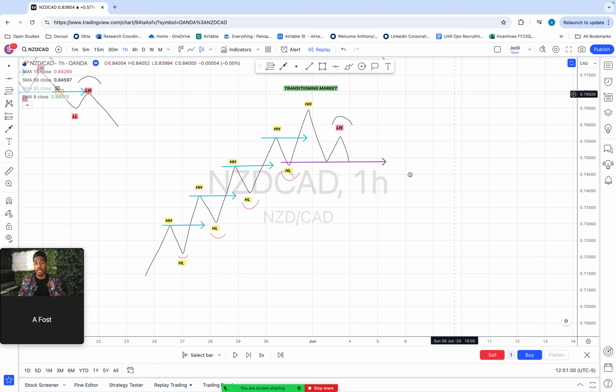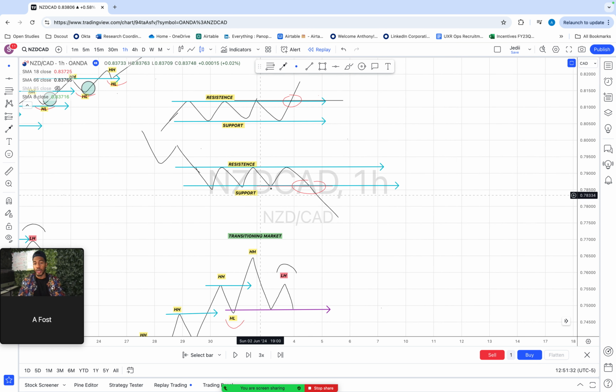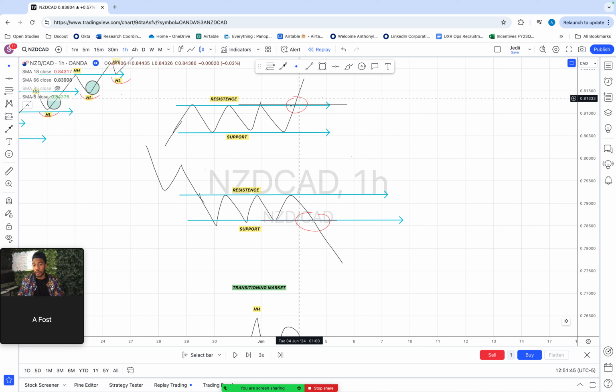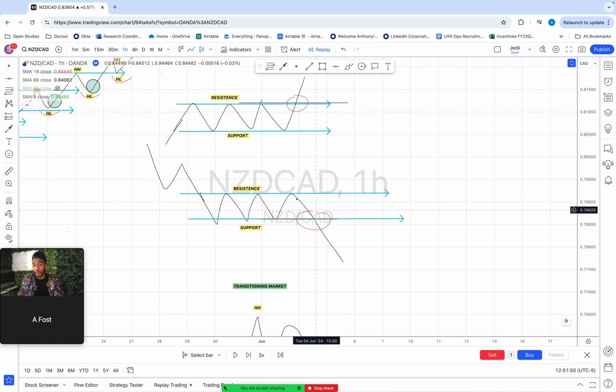The same way I said up here when we're looking for sells, what has to happen for me to confirm that it's in a bearish market? You need to have a break of the support level, okay? In a bullish market, we're looking for breaks of those resistance levels and higher highs and higher lows. In the seller's market, we're looking for a break of that support level, lower lows and lower highs.